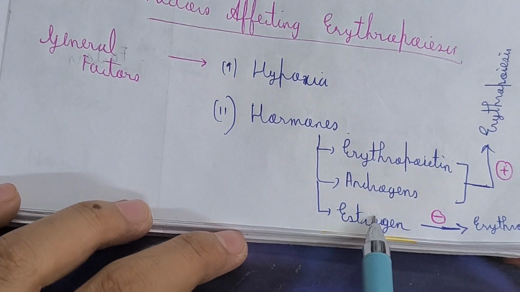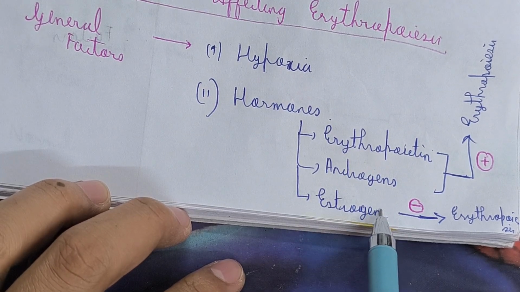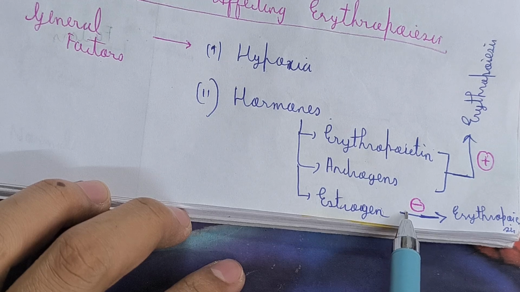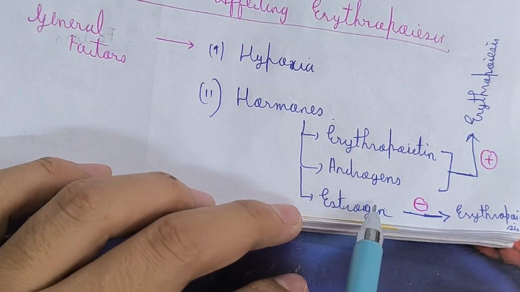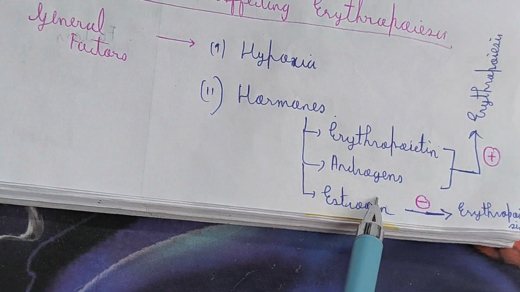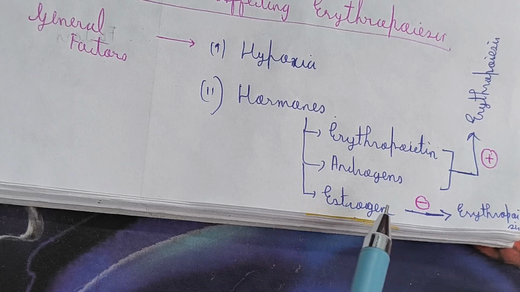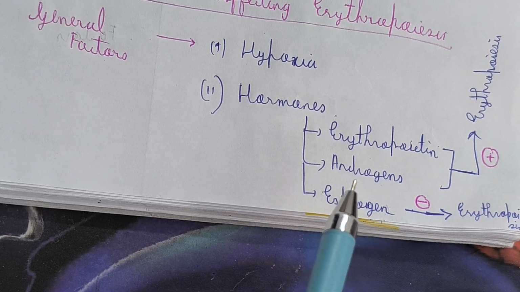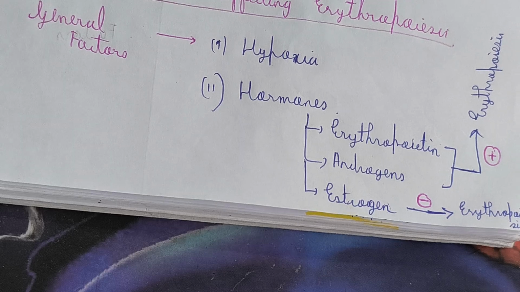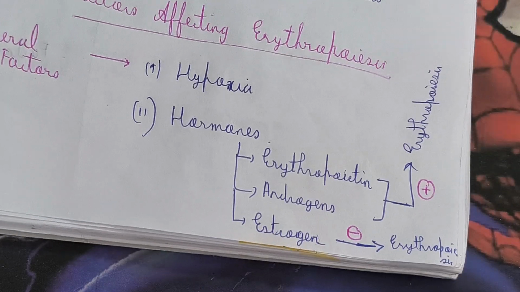And estrogen inhibits erythropoiesis, and a high concentration of estrogen is found in females. Since estrogen inhibits erythropoiesis, it is the main reason why females have a lower number of RBCs as compared to males. And the second reason is menstruation.